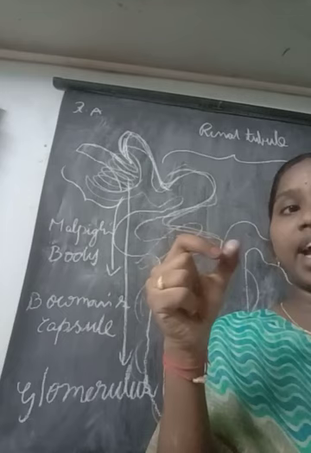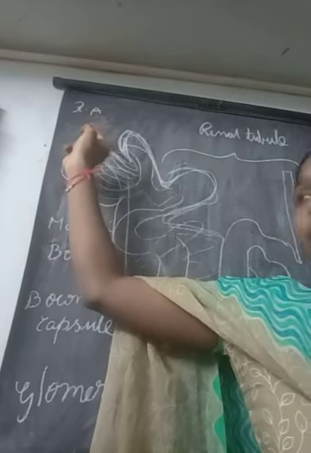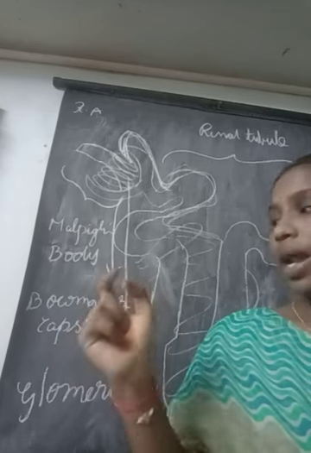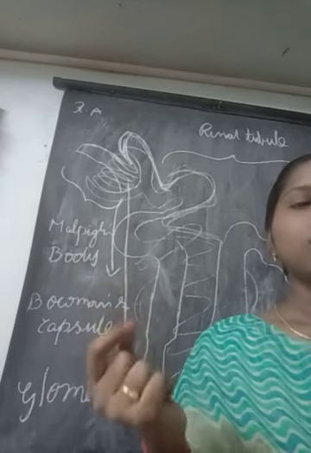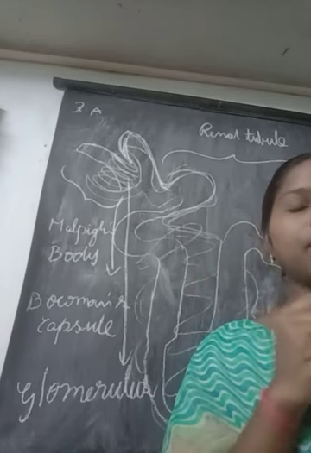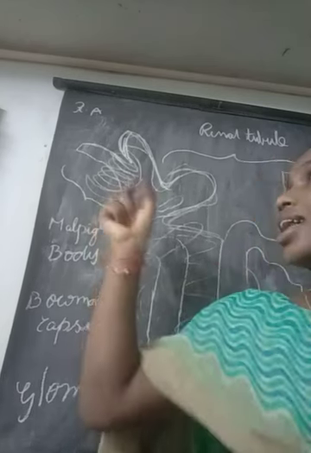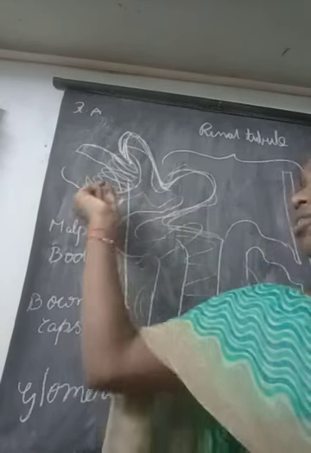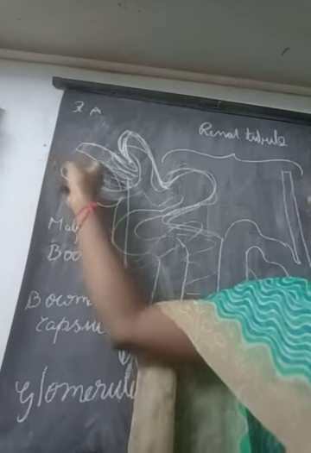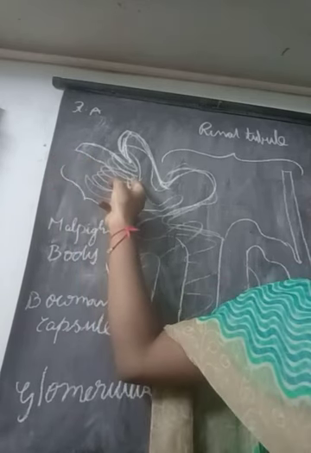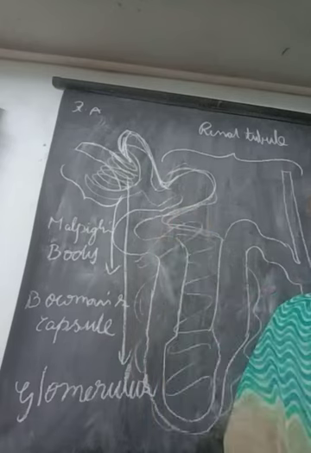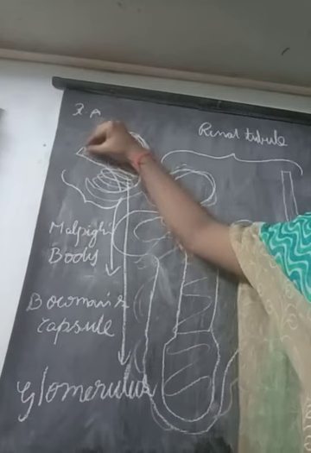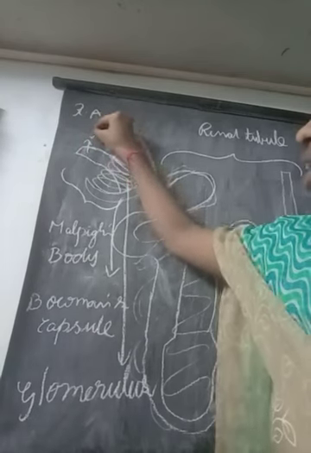So the blood brought by the renal artery has to be supplied to each and every nephron. For that, the renal artery divides into small branching-like structures, and those branches are nothing but this entering blood vessel and exiting blood vessel. It will enter the nephron as the afferent arteriole.